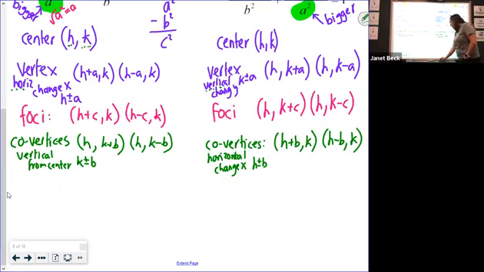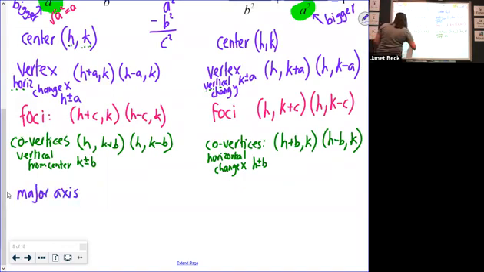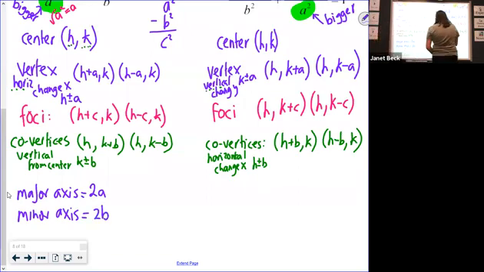And two last bits, these were the lengths, the height and the width bit. Your major axis is 2A, and your minor axis is the length 2B, and that's the same on both of these.